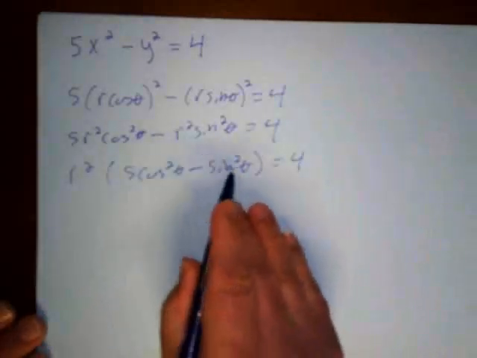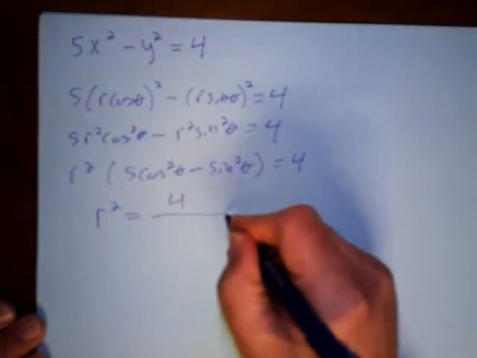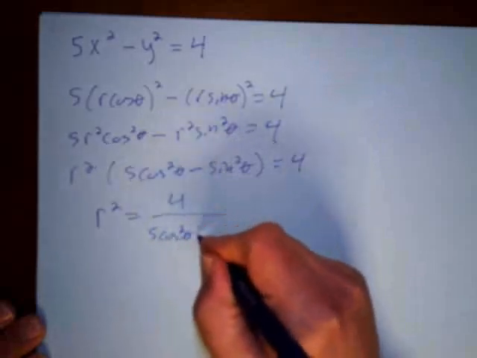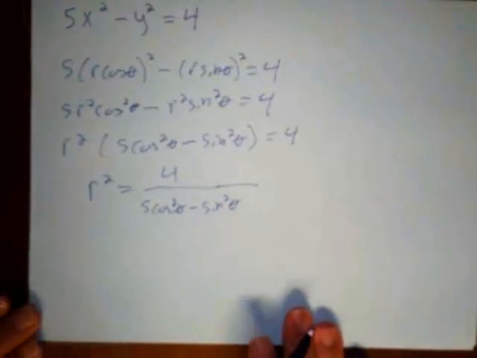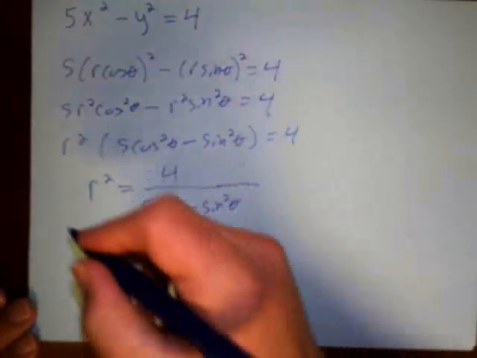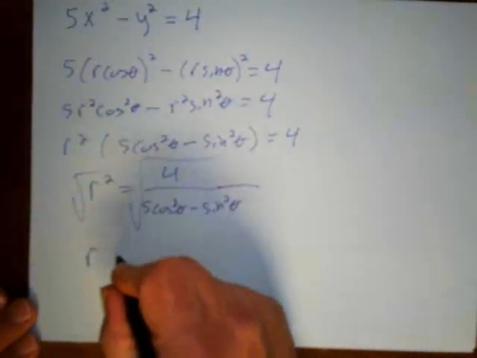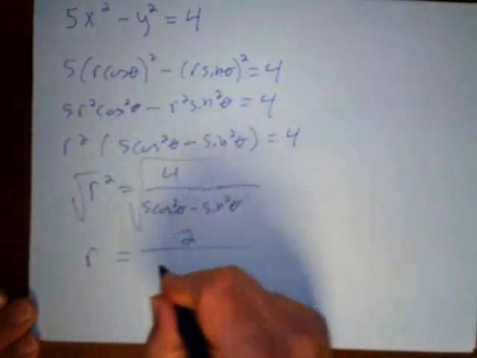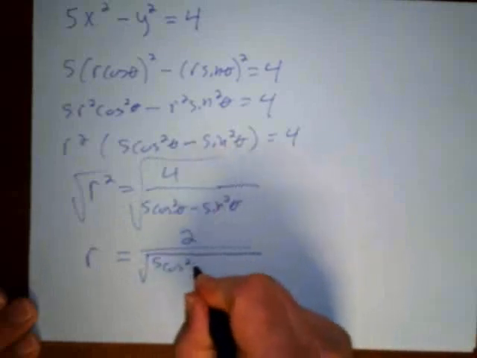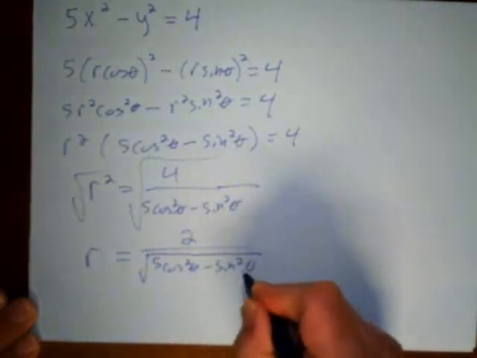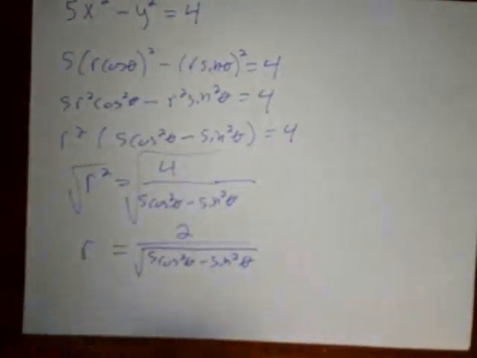Okay, I can't use the Pythagorean identity or anything on there, but I can do r squared is equal to 4 over 5 cosine squared theta minus sine squared theta. And it would look like this. And then I could take the square root of both sides. I'll take the positive square root, and I get r is equal to 2 over the square root of 5 cosine squared theta minus sine squared theta. And so I get this weird function like that.